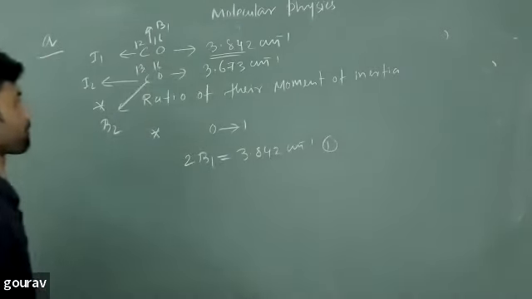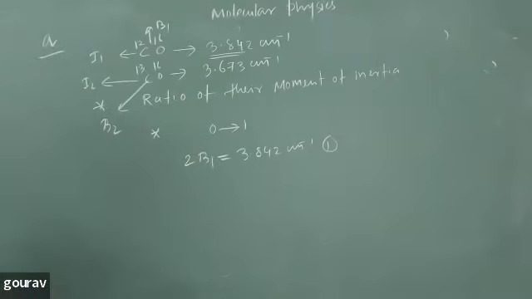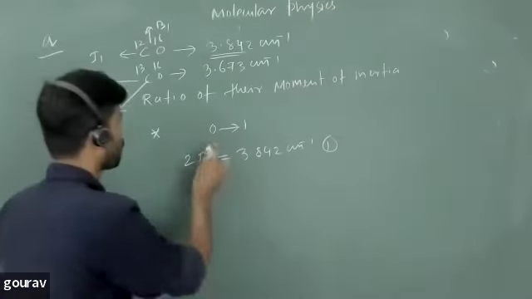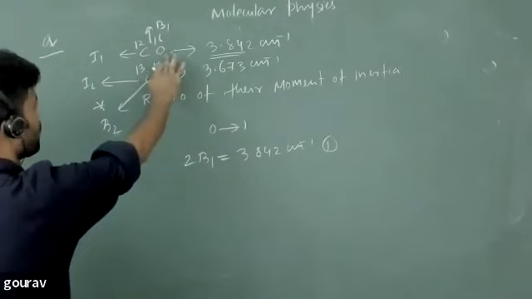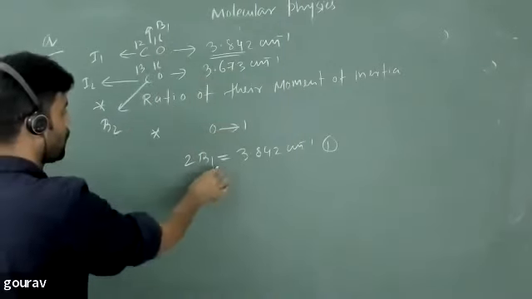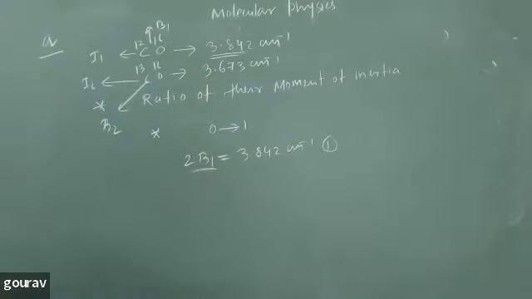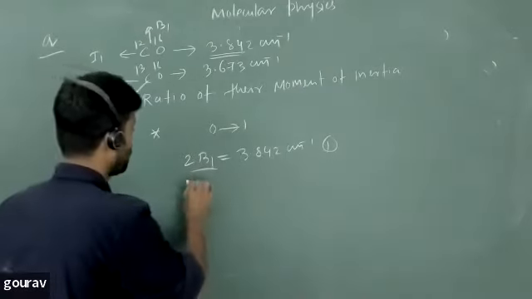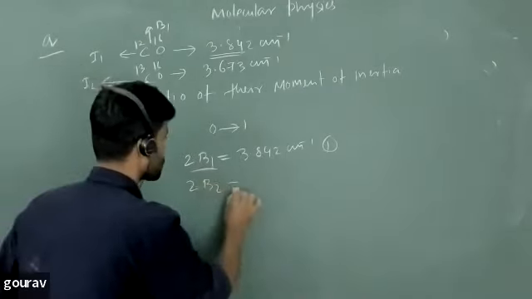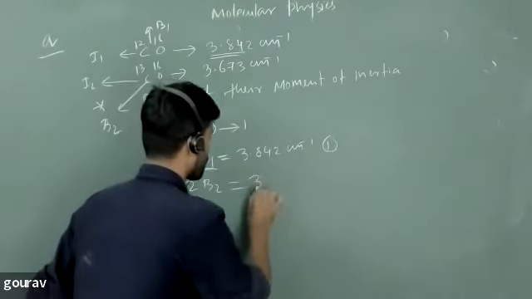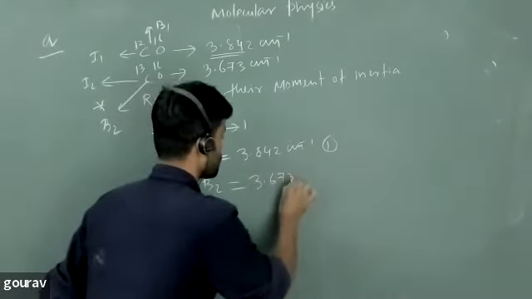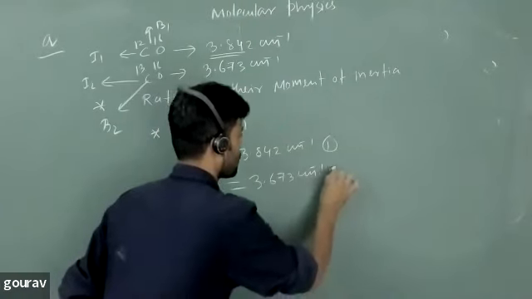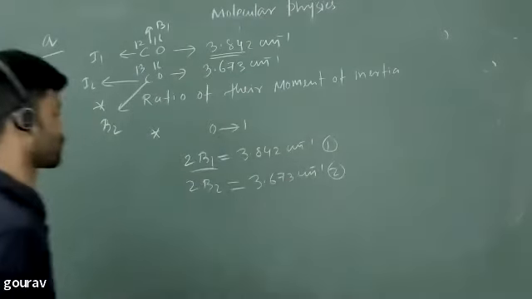Similarly, for this it will be 2B2, equal to 3.673 centimeter inverse. Let us take this as equation number 2.